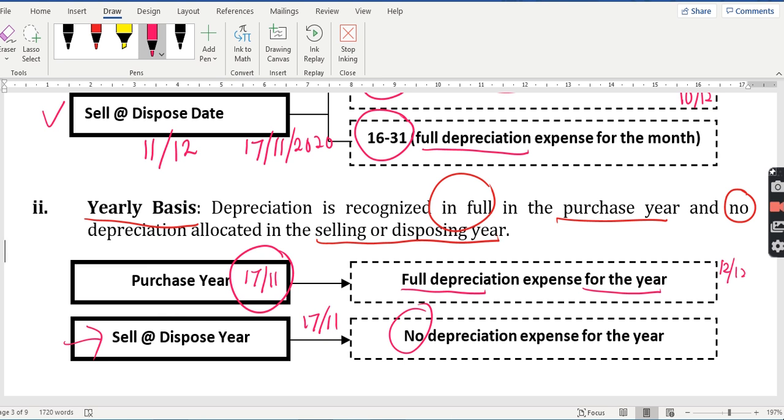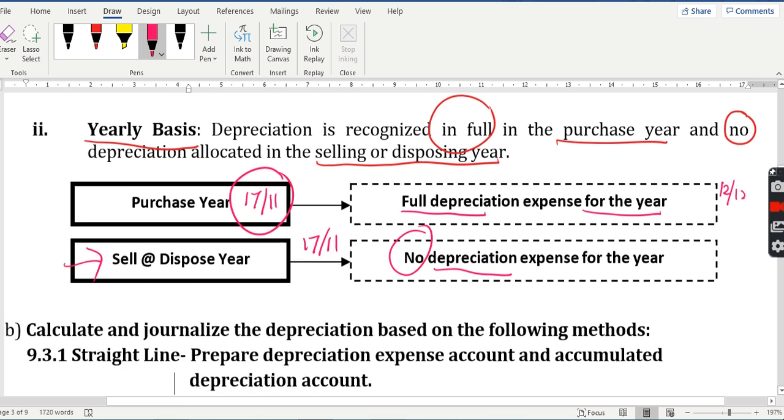So your accumulated depreciation will stop at the year before, even though I've already used the asset for 11 months in the year 2020, because the year 2020 is considered your disposal year. During the disposal year, there won't be any depreciation for that particular asset.